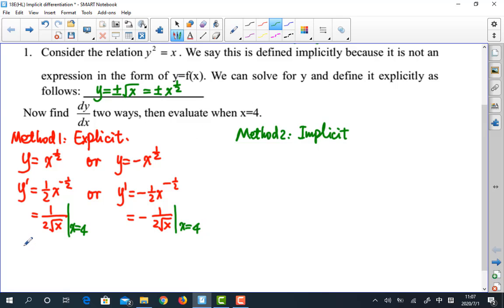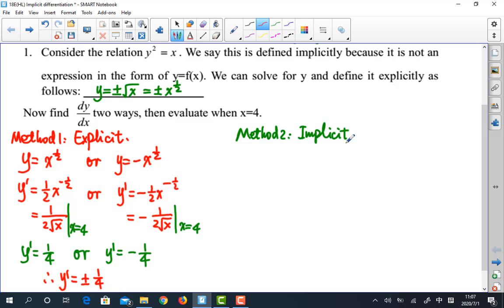So the first one will give me y prime equals 1 over 4. And the second one will give me y prime equals negative 1 over 4. So anyways, the y prime can have two solutions, positive, negative 1/4.